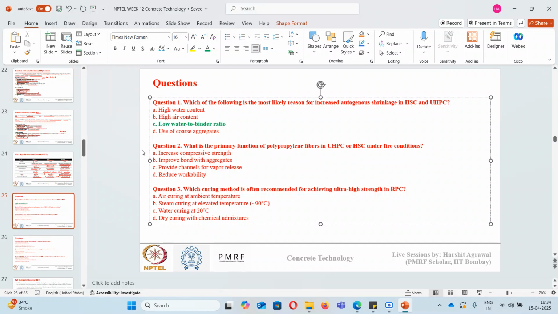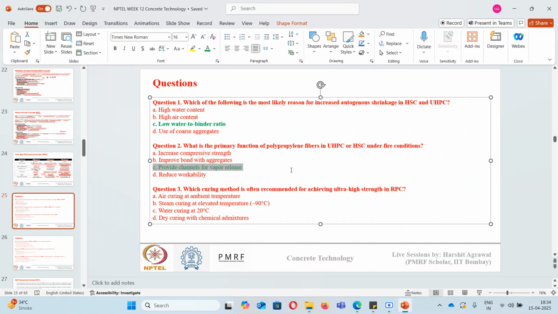Okay, so the correct answer for this is C. What the fiber is doing is providing a channel for vapor escape. How? This polypropylene fiber melts at a very low temperature, maybe around 160 degrees Celsius. And when they melt, they leave a tiny channel behind that can release the pressure that is building up inside the concrete. And this reduces the risk of explosive spalling of concrete due to entrapped gases.